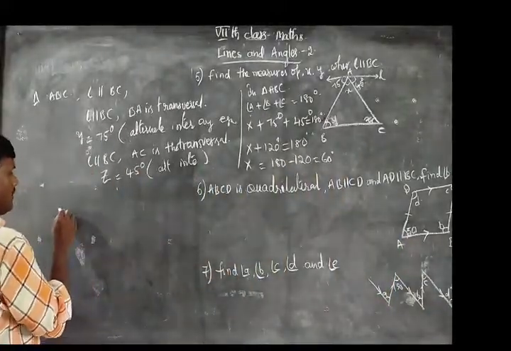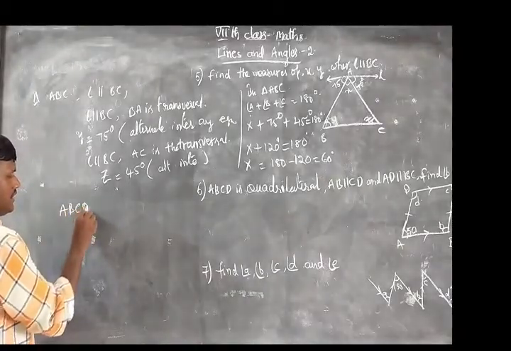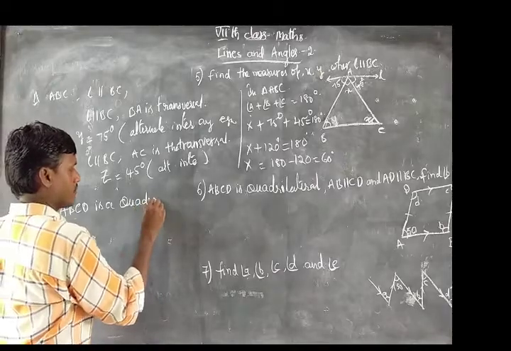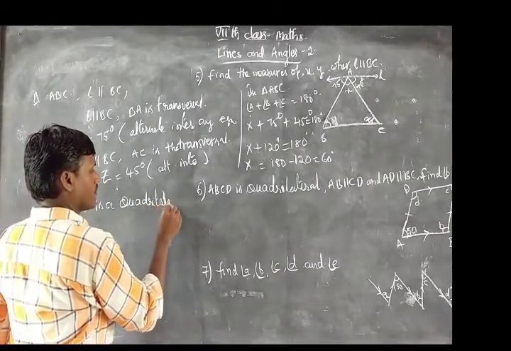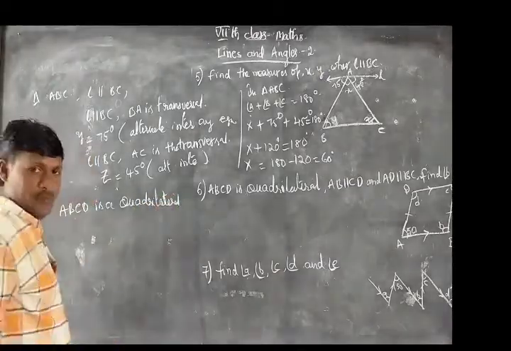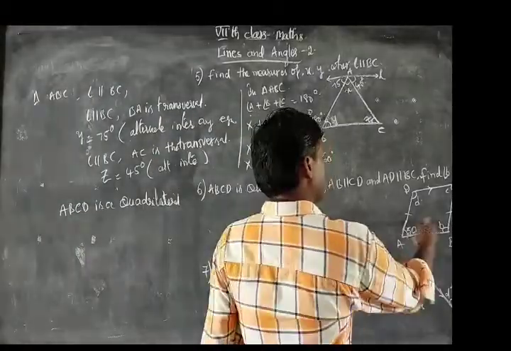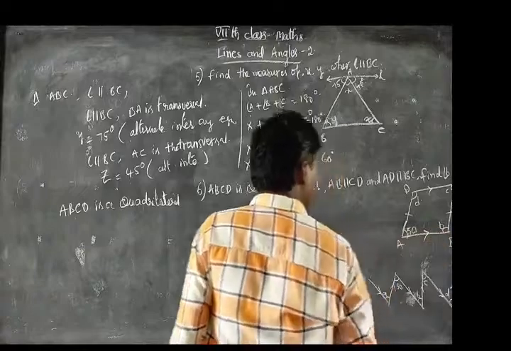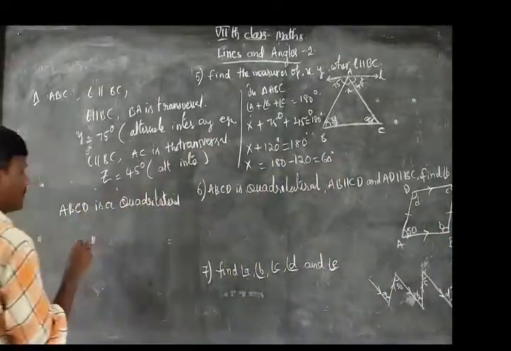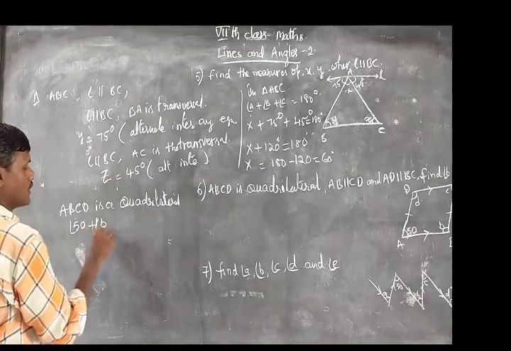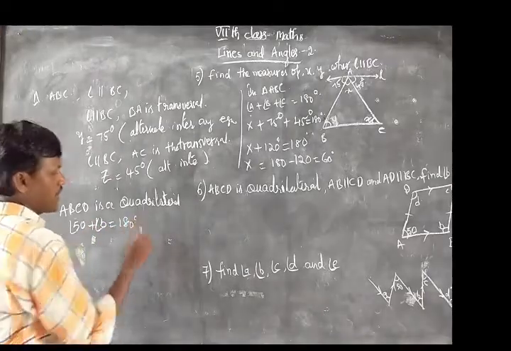ABCD is a quadrilateral. And the next one, sum of adjacent angles, angle A plus angle B equal to how much in a quadrilateral?